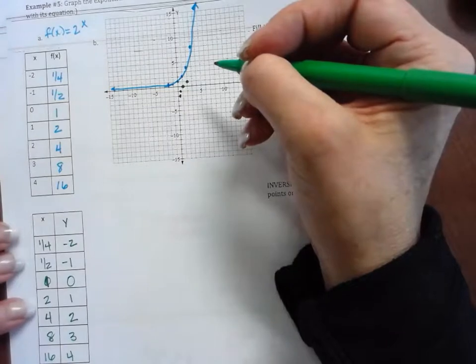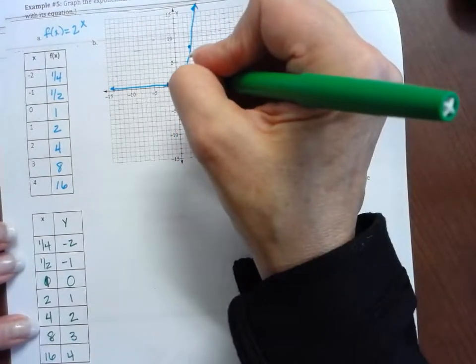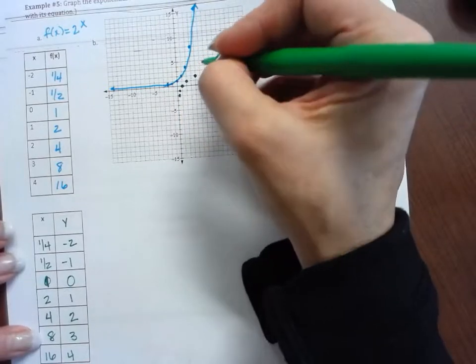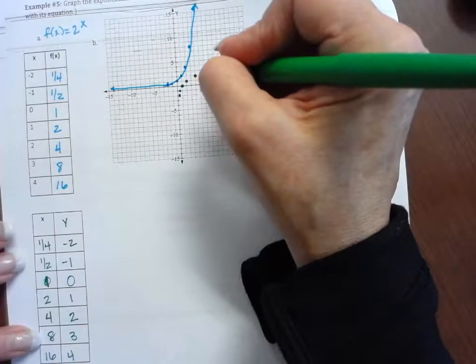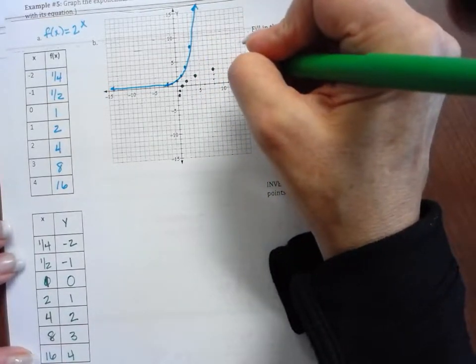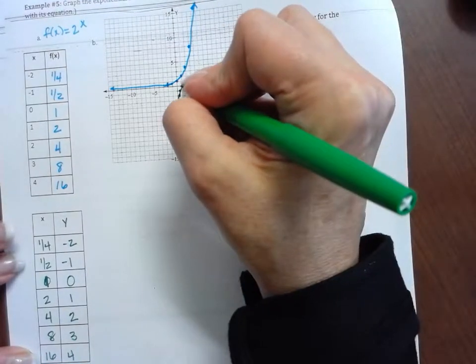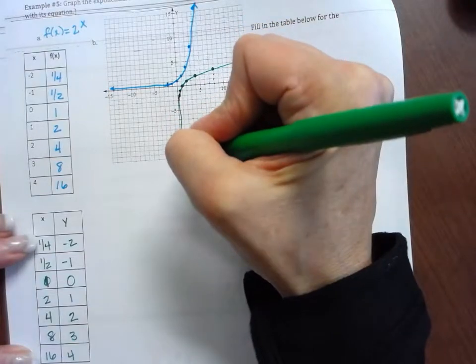That's the hardest part, in my opinion. Okay, so I go to 4, and I'm at 2. 8, I'm at 3. And at 16, I'm going to be at 4. And my graph is going to look like that.